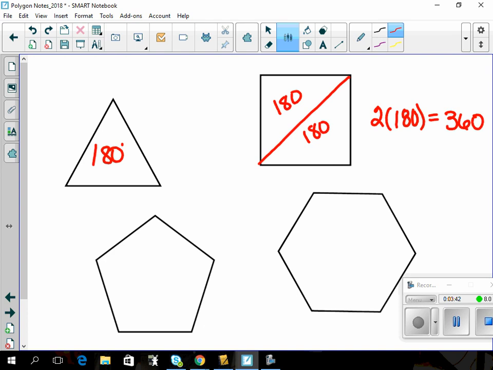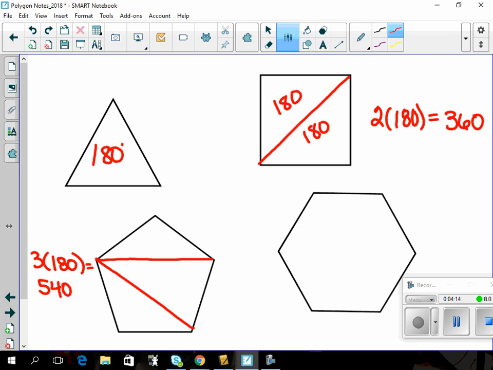The pattern continues. If I'm going to take one vertex and draw diagonals, how many triangles did I divide the pentagon into? So I have 3 triangles, each at 180. What's 3 times 180? You don't have to write this down, by the way. Just watch. When we get to the formulas, I'll tell you to write it down. You have calculators. What's 3 times 180? 540.